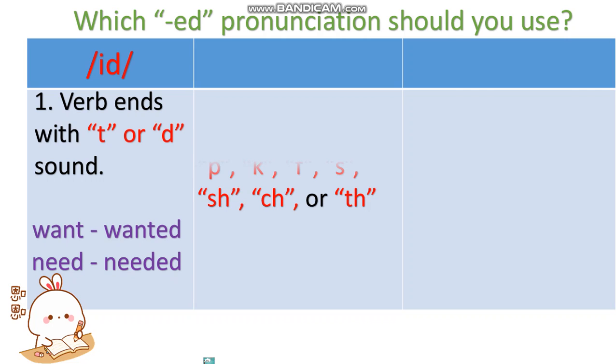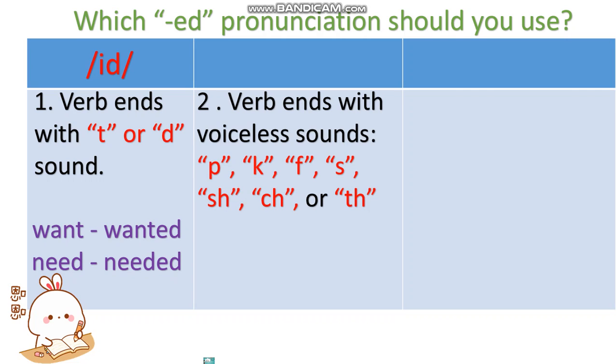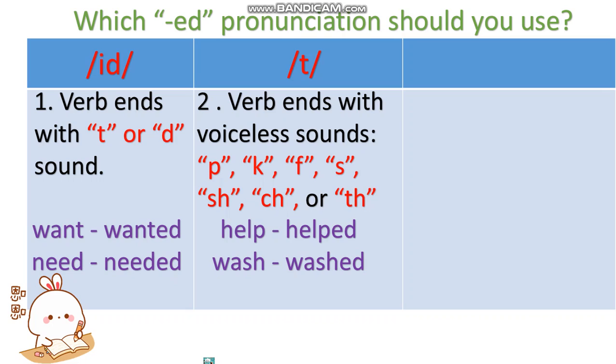If the verb ends in one of the following voiceless sounds, such as p, k, f, s, sh, or ch, use the t sound for past tense. For example, we have helped and washed.